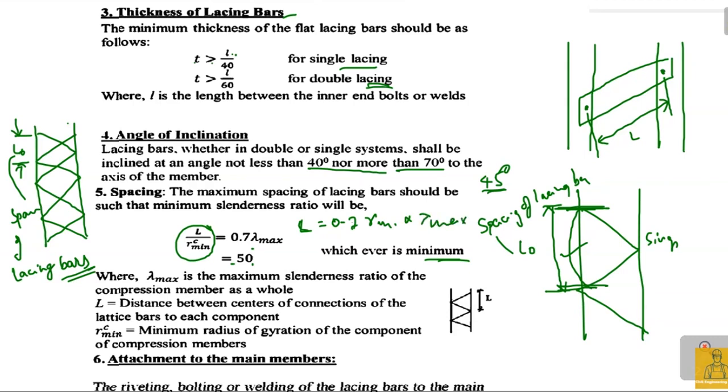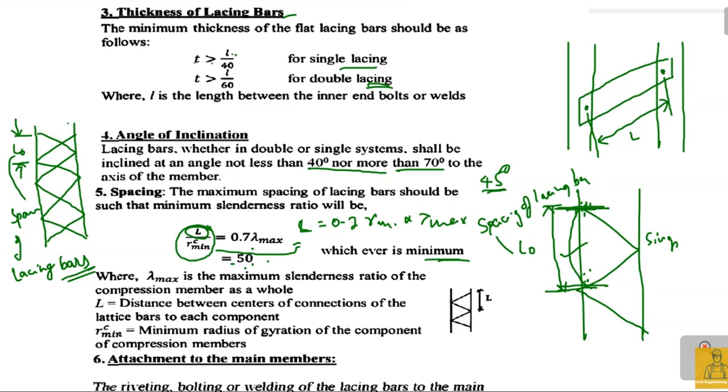So the spacing between the lacing bars should not exceed this value or should not exceed 50 times the minimum radius of gyration. Okay, so you have to take care of that.